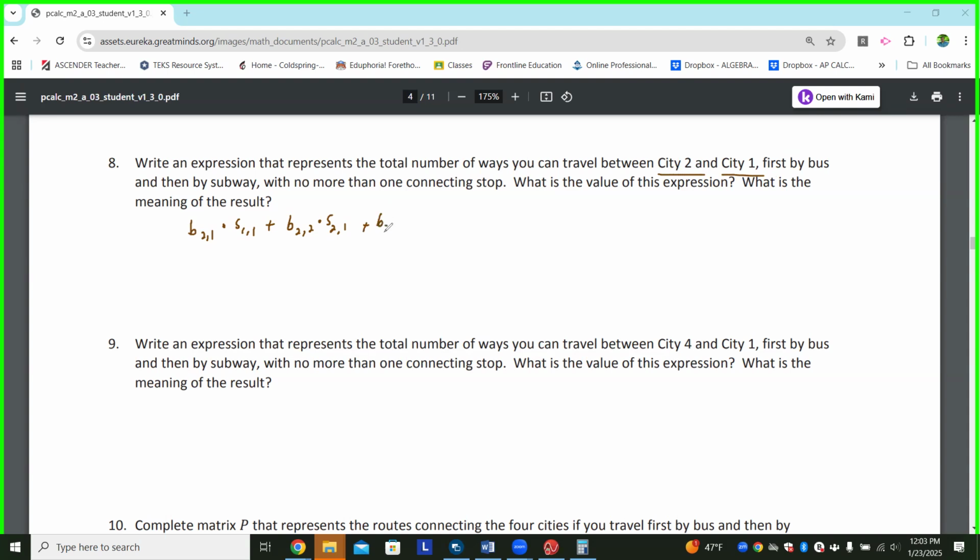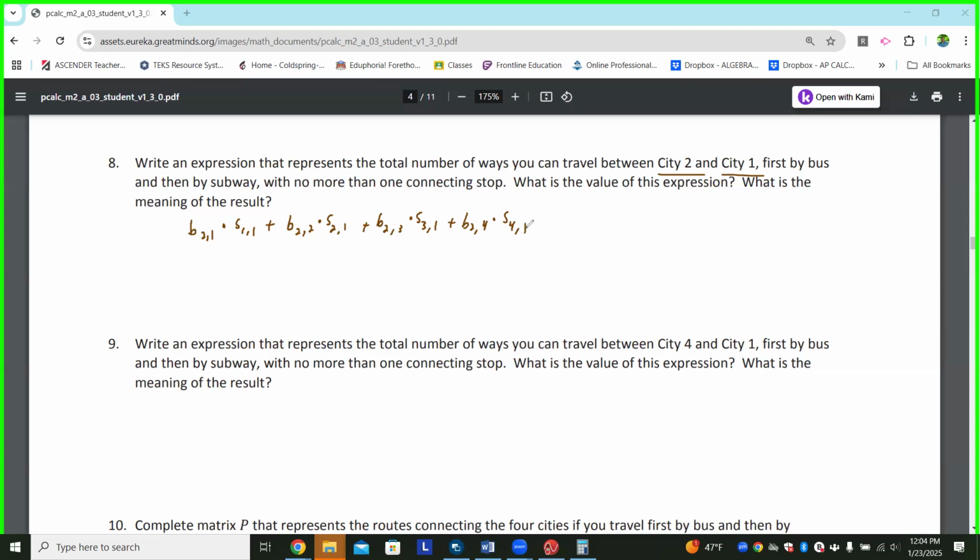Good. B 2, comma 3, meaning I start at city 2, then I go to city 3, times what? Perfect. Subway 3, comma 1. Again, those have to be the same, and I have to end at 1. What would my last one be? B 2, comma 4 times what? Perfect. Any questions on that? So that's the first part, establishing an expression.